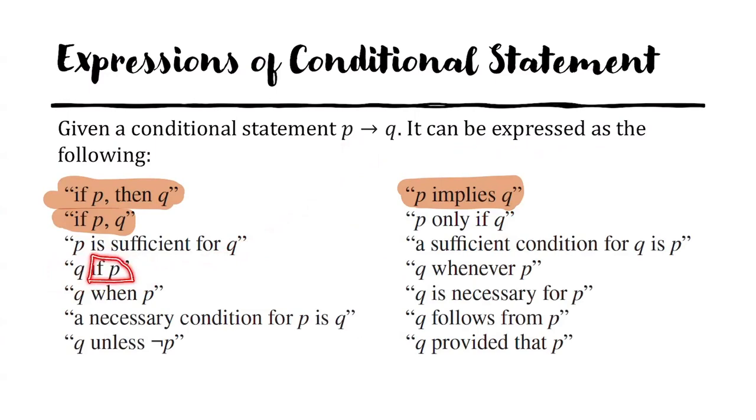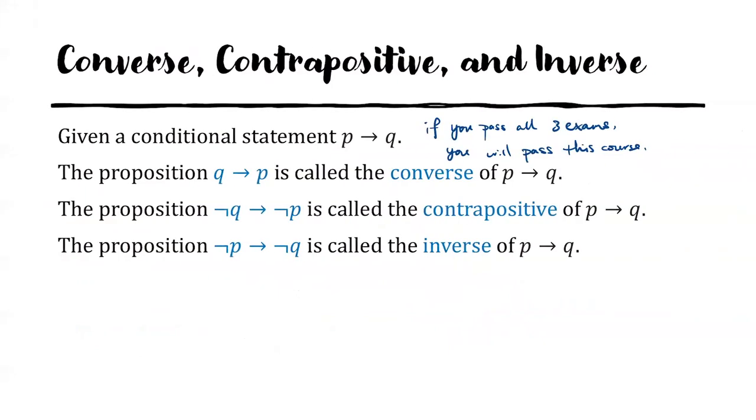Because the if part tells you P is the hypothesis, and then you have the Q, which is the conclusion. So to switch the position, you need to make Q your hypothesis. So you are saying that if you pass this course, you must pass all 3 exams. Right, so this student must have passed all 3 exams.